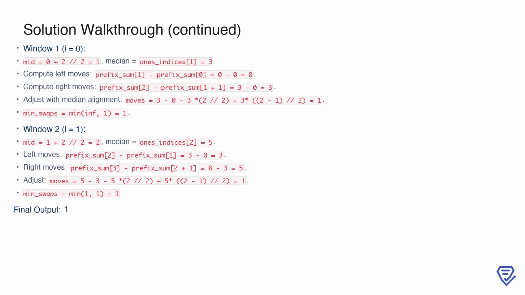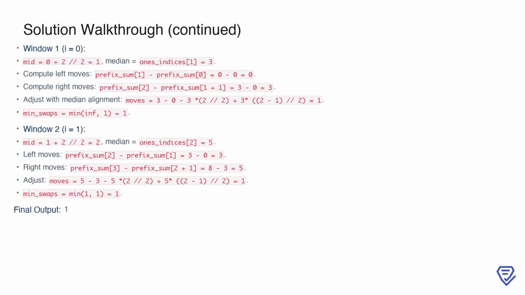The right moves, or the distance for the ones after the median, is prefix_sum[2] - prefix_sum[1 + 1] equals 3. Adjusting for the median alignment gives us moves equals 3 - 0 - (3 * 2 / 2) + (3 * (2 - 1) / 2) equals 1. Thus, min_swaps is updated to 1.